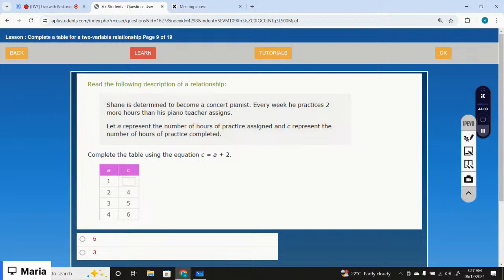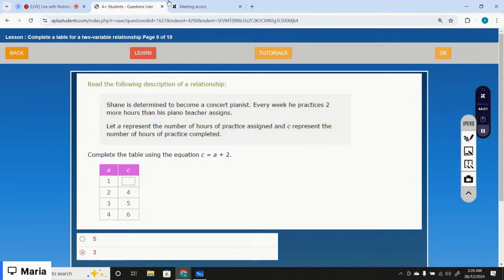Complete the table using the equation C equals A plus 2, which is the correct option. Option number 2 is the correct option.